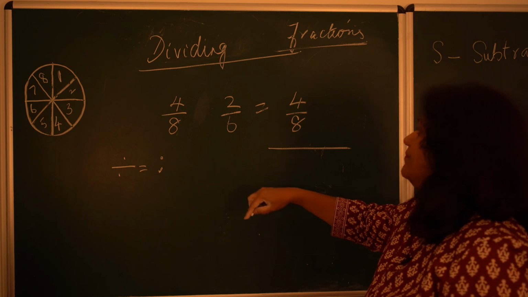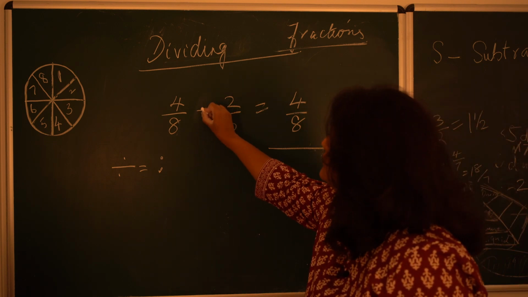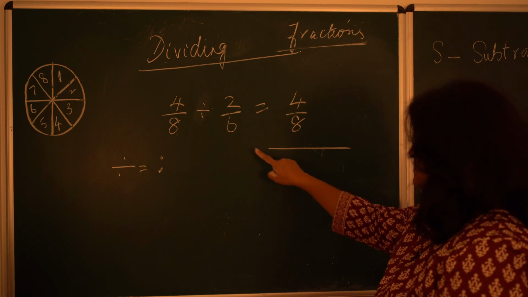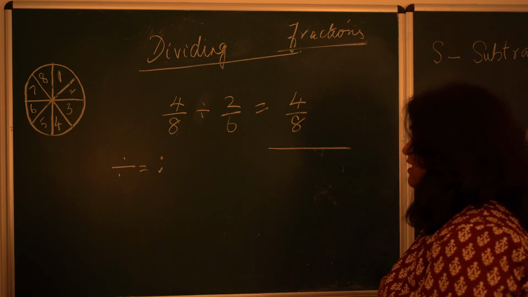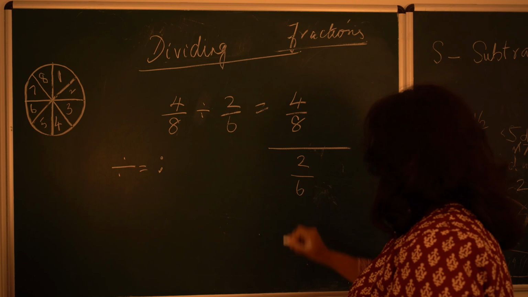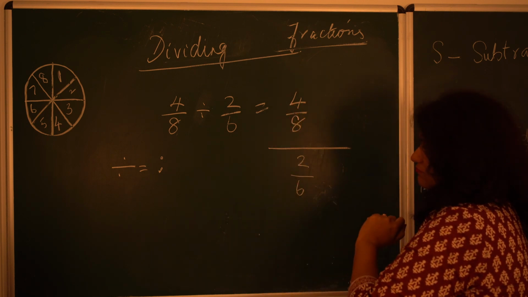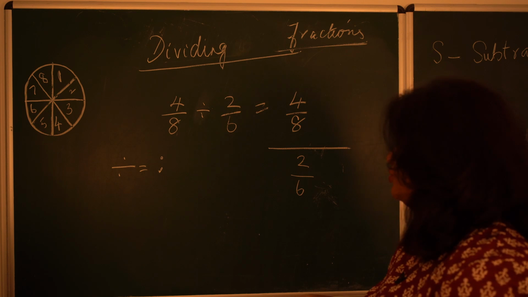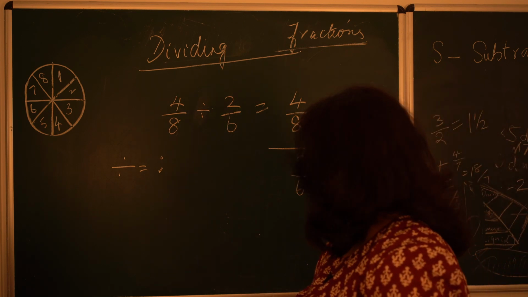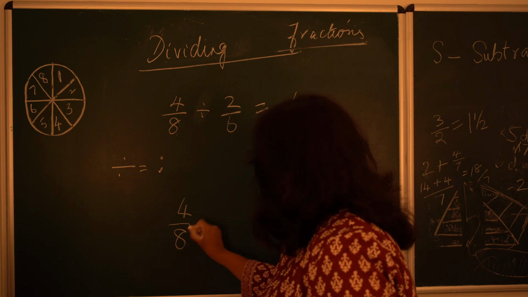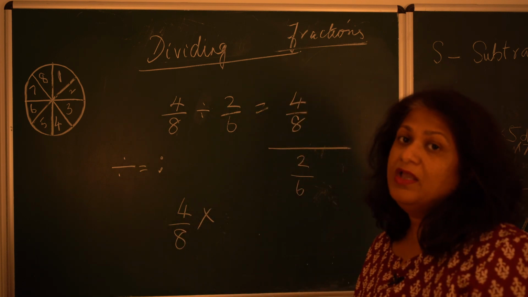4 by 8 divided by 2 by 6 will be 4 by 8, one long line over here, and then I have my 2 by 6 written. This is the normal way of writing. Now, when this happens, you have to do a different kind of game here, which is 4 by 8 multiplied by. Why?